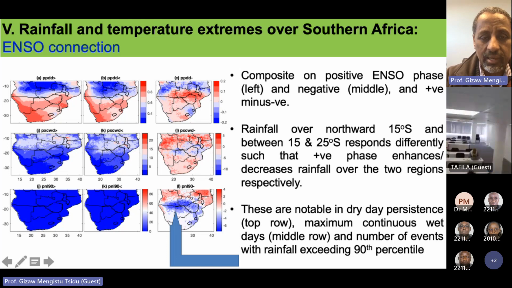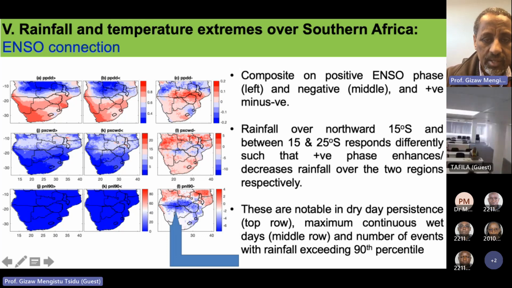That means, contrary to what we know, that El Nino is a dry period and La Nina is a wet period in the region, you can see clearly that northern Angola, northern Zambia and Mozambique actually get good rainfall. At least the days are wetter during this period as compared to the La Nina period.